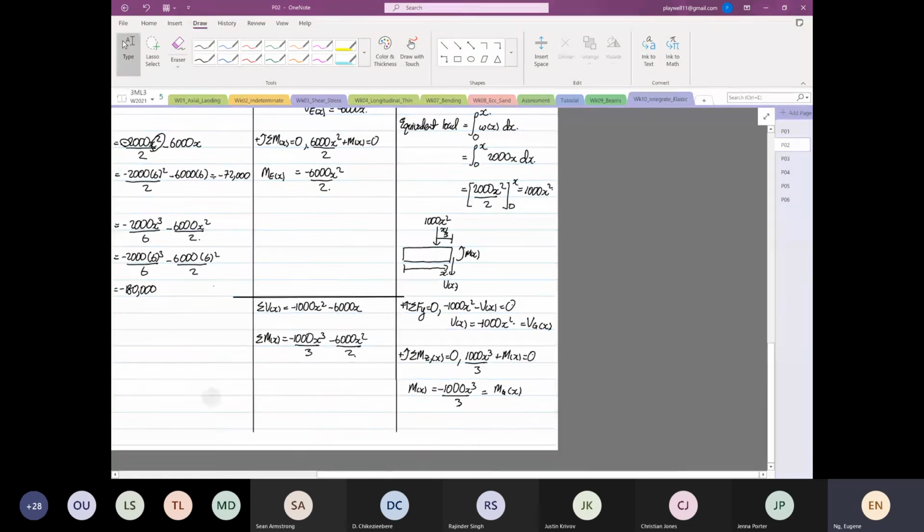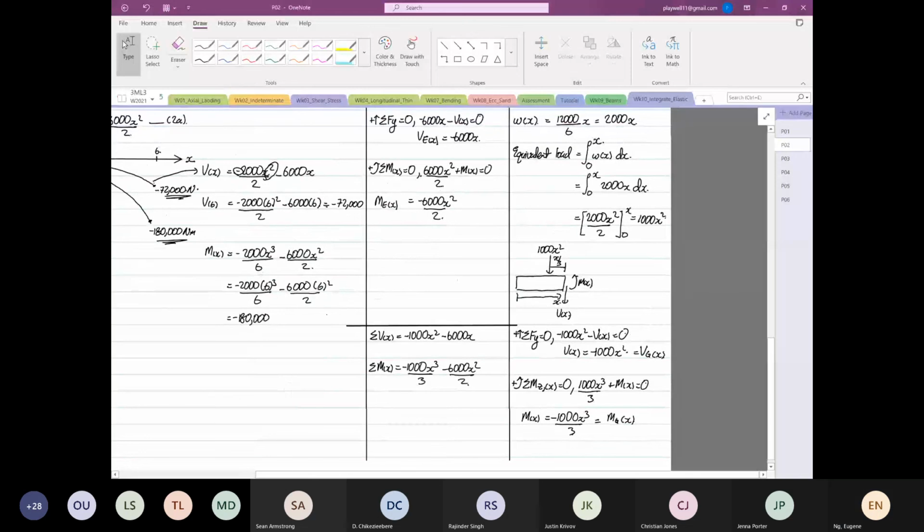So exactly the same as what we have. You realize that this expression and this expression are the same. Only the higher power term, I did not divide.